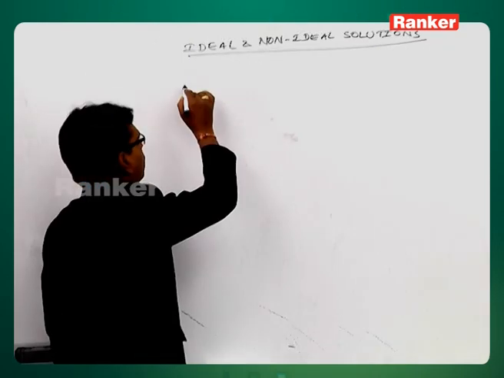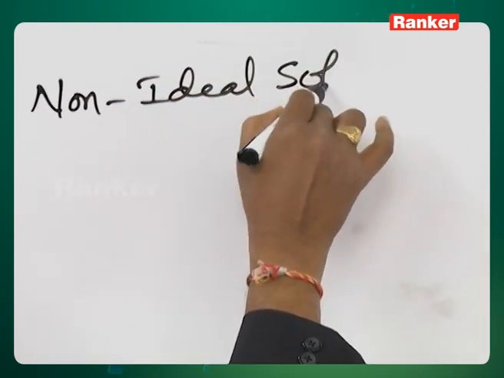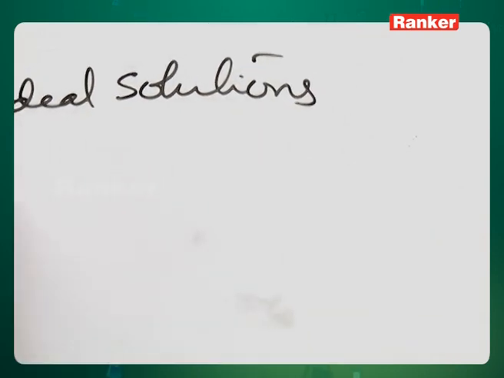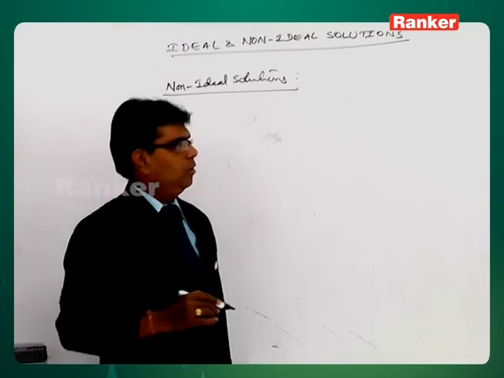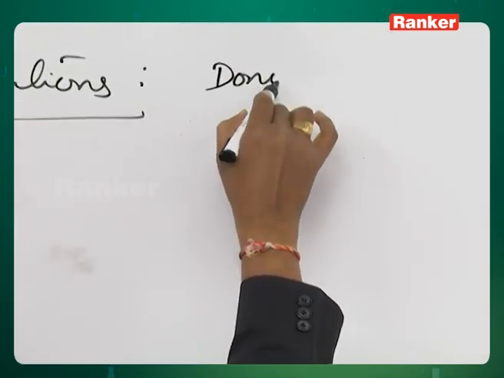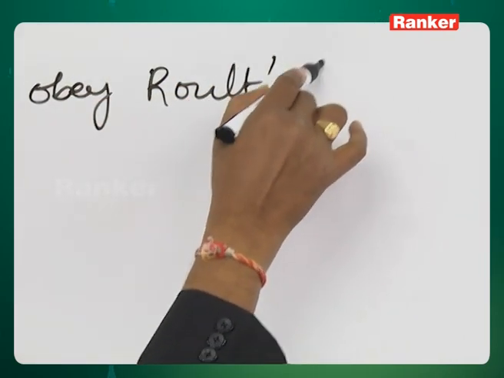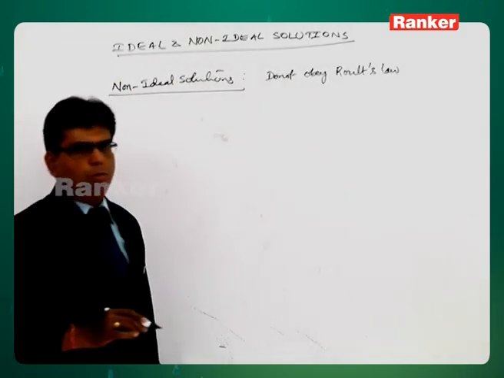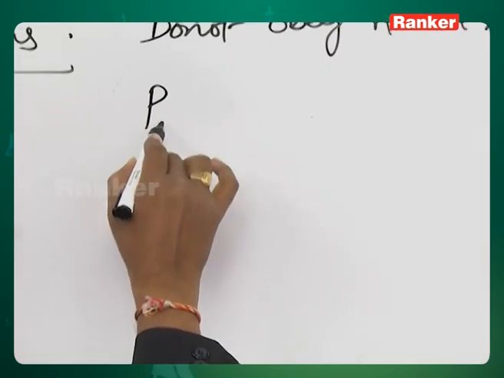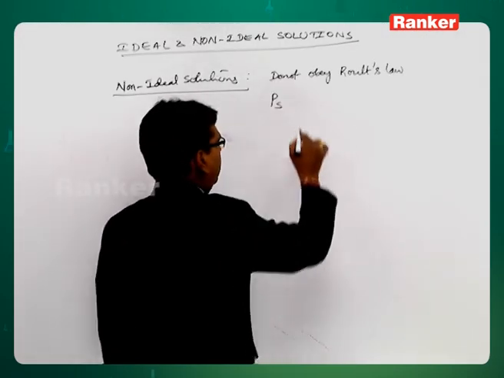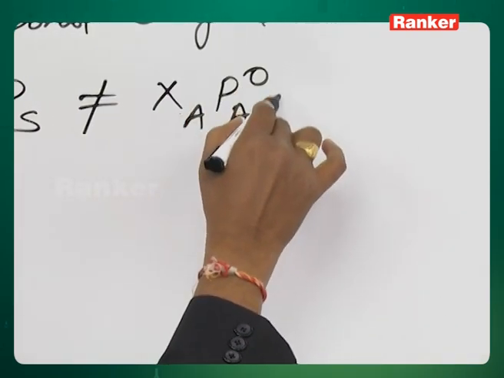Non-ideal solutions. Now non-ideal solutions means those which do not obey Raoult's law, which means those solutions in which the vapor pressure of a solution is not equal to the sum of the partial pressures of the two liquids in the solution.